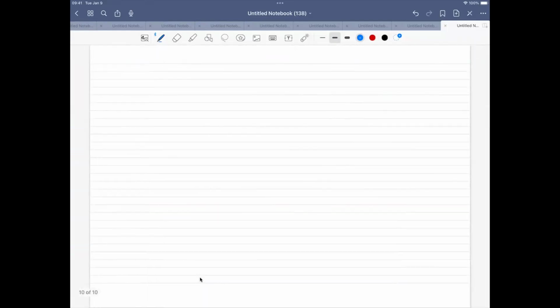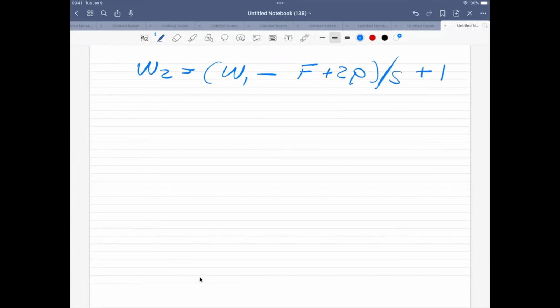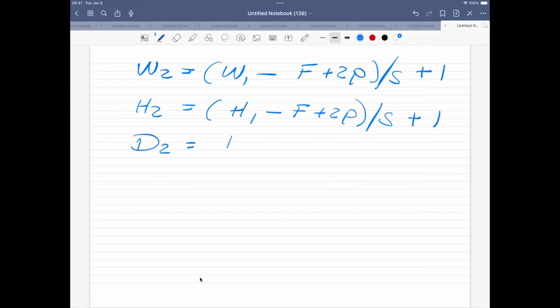We get a new width W2, which is given by the original width minus F plus 2 times P, divided by the stride, plus 1. And then we have an H2, the new height, which is given by the original height minus F plus 2 times the padding, divided by the stride, plus 1. And then the depth is simply given by the number of filters K.